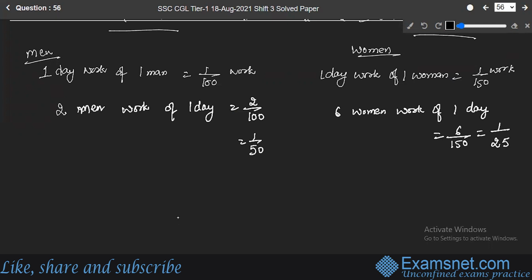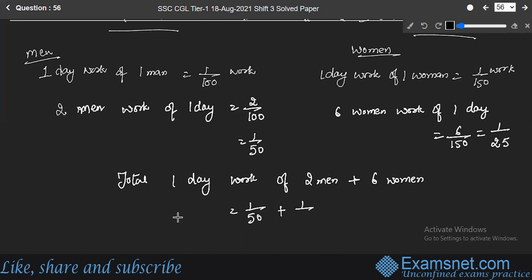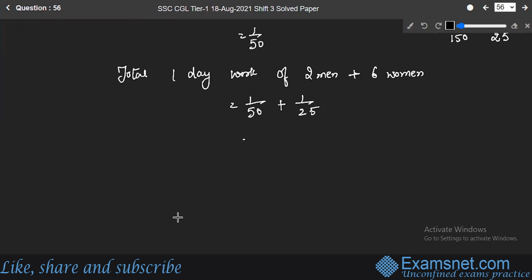Correct. So this is the 1 day work of 2 men and the 1 day work of 6 women. Total 1 day work of 2 men and 6 women is equal to 1 by 50 plus 1 by 25, which will be equal to 3 by 50.